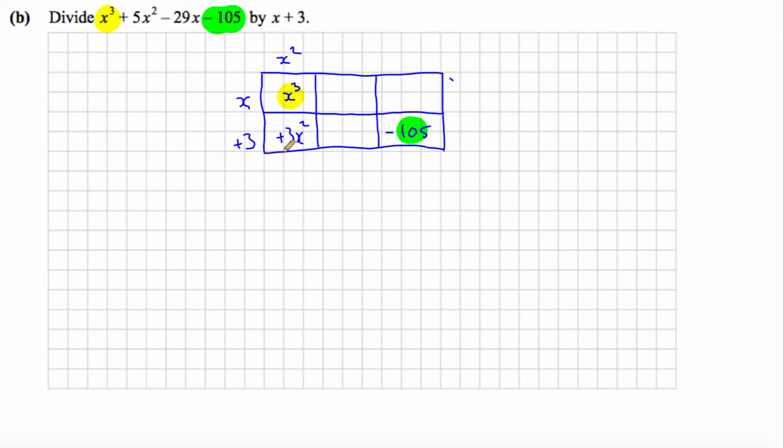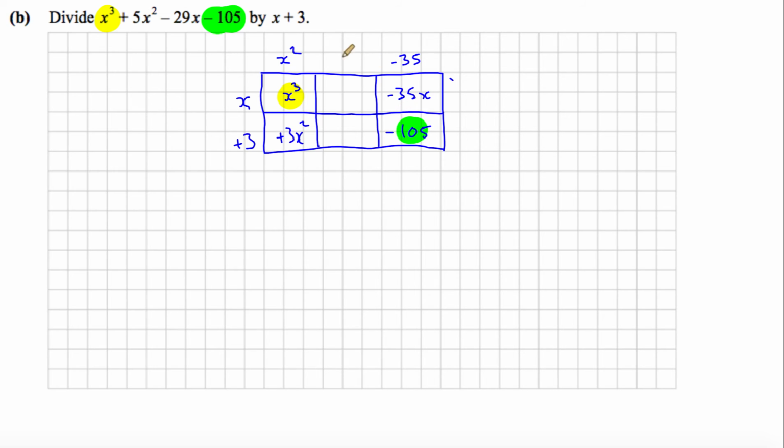And now if I go over to this green number, what do I need to multiply 3 by to get negative 105? Well, I can just divide minus 105 by 3 in my calculator, and that gives me minus 35. So I know the number up here now, and to fill this space I multiply x by minus 35, which is minus 35x.